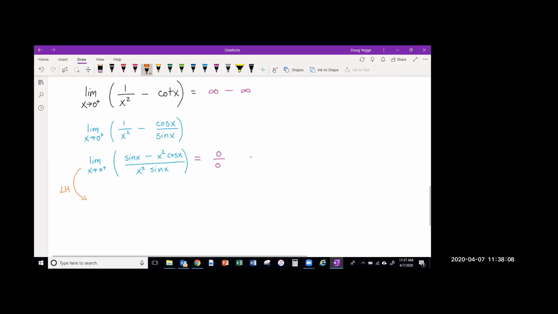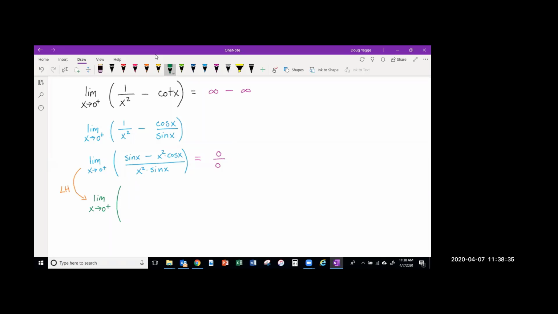So L'Hopital's rule just says differentiate the top and bottom, right? So we get the limit as x approaches 0 from the right. And now we're differentiating each of these. But be careful, because x squared cosine x and x squared sine x are both products, so we have to apply the product rule on each of these functions.